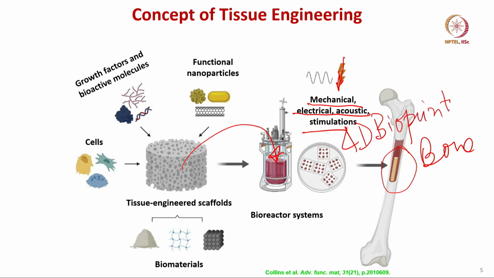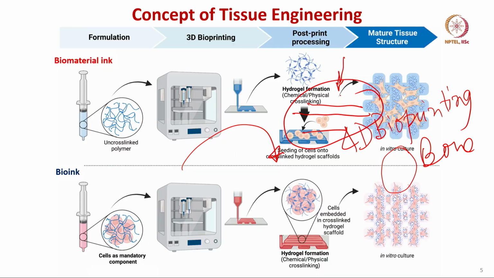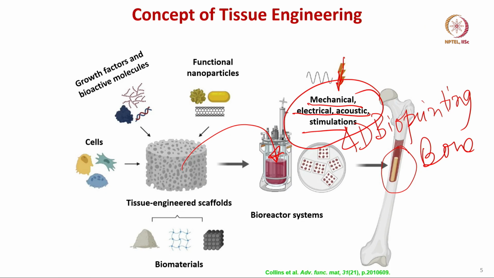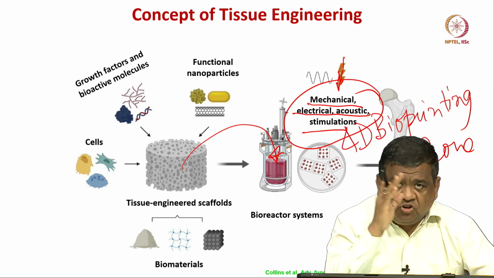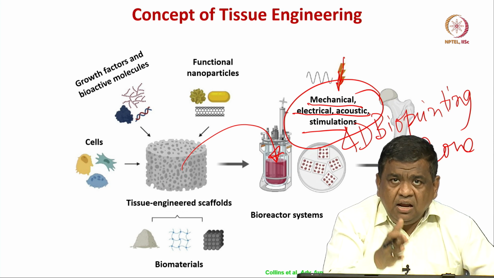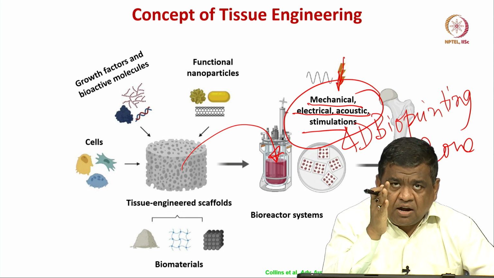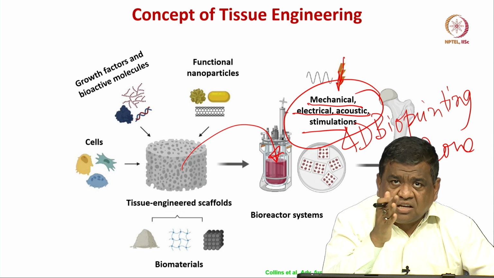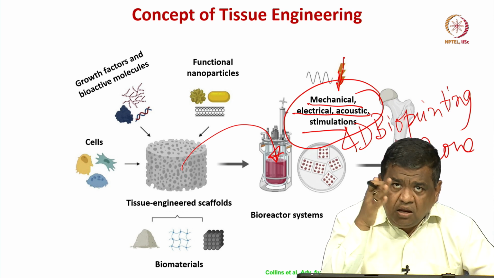So, you are adding an extra dimension by providing mechanical, electrical or acoustic stimulation to the 3D bioprinted scaffolds. 3D printing, when you say bio, means you are essentially printing scaffolds with cells.